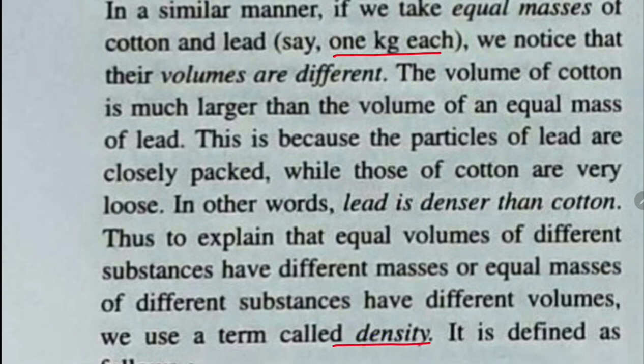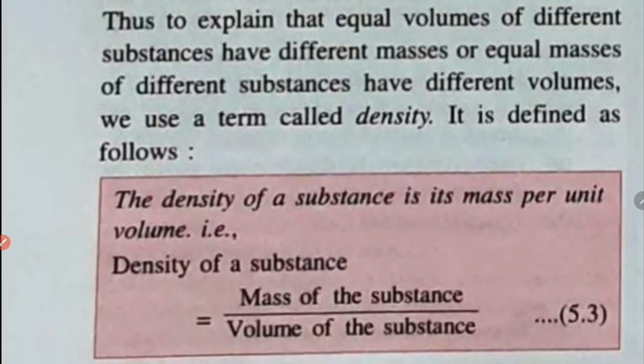So what is density? How is it defined? The density of a substance is its mass per unit volume. That is, density of a substance can be written as mass by volume.